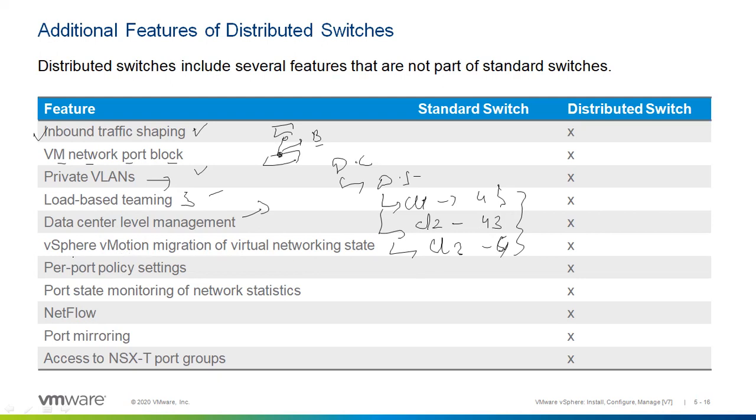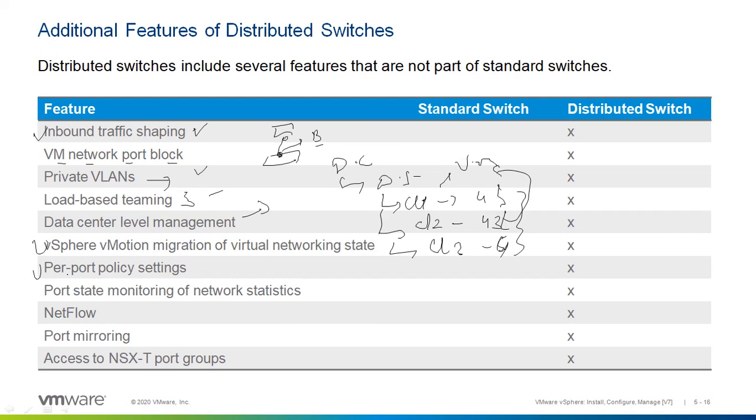vSphere vMotion of virtual machine networking state tells us we can migrate from SVS to DVS, and we can migrate the VMs running in one cluster to a second cluster where the DVS has the same configuration.